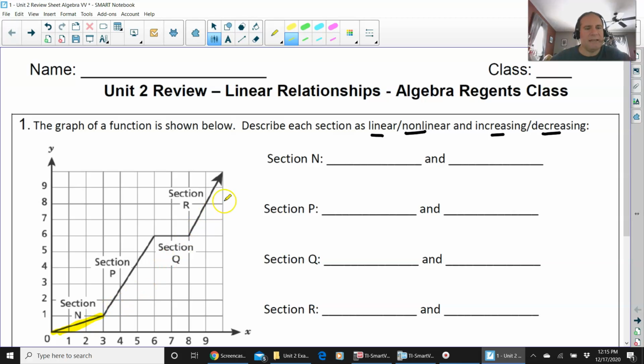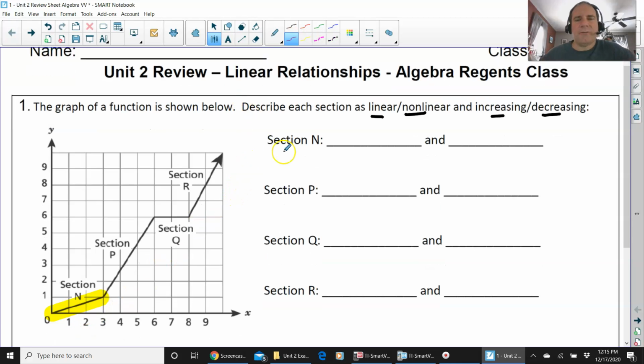As you can tell, section N is in yellow, and that is linear. It's linear because it is a straight line, and it is increasing because it is going up from left to right.